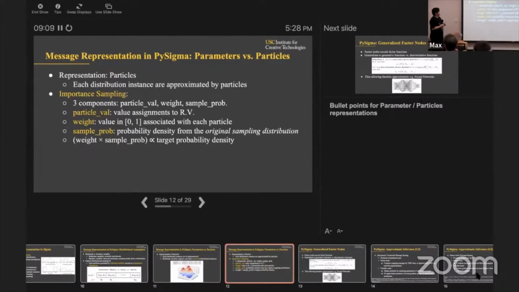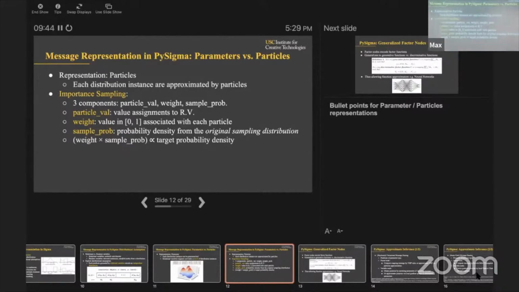The other way is we use the particles type of messages. This is different from the parameter representation in that we do not explicitly assume that the distribution can be parameterized. Instead, we are using a particle list to approximate the distributions. There are 3 important parts in this data structure. First, we have a particle value. It's basically a vector storing the value assignment to the random variables. Accompanying this, we have a weight vector, which is a value between 0 and 1 associated with each particle. But the most important thing is the third one: a sampling probability.